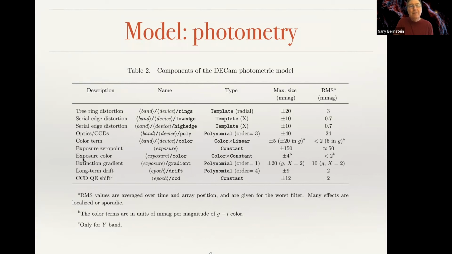We have exposure level things, the zero point, a color term, and an extinction gradient, atmospheric extinction, that is, across each exposure. And then we have some terms that represent the drift of the response of the instrument over time.